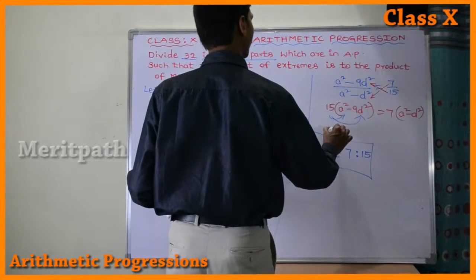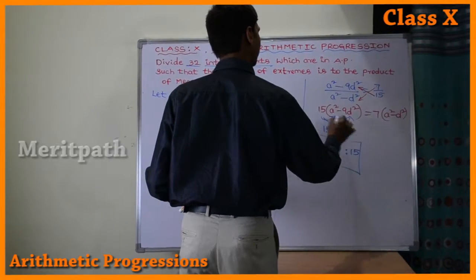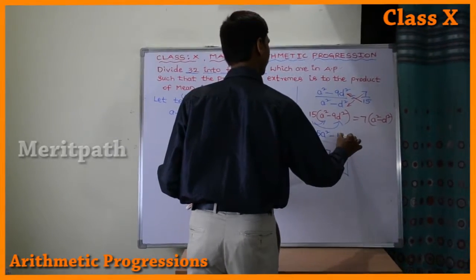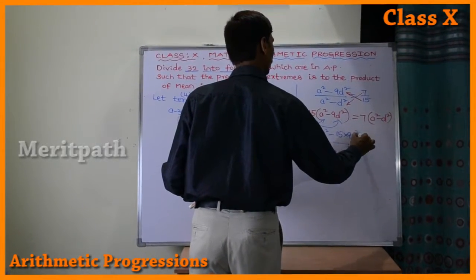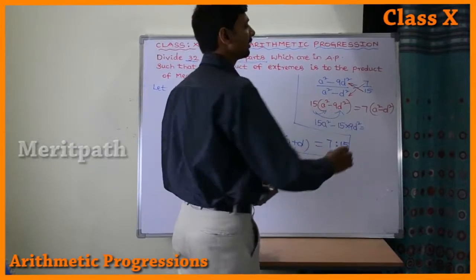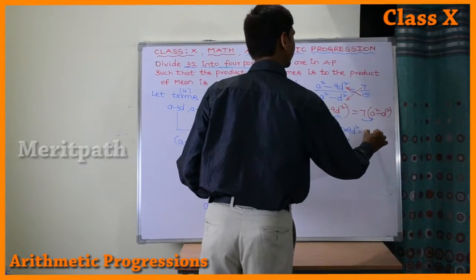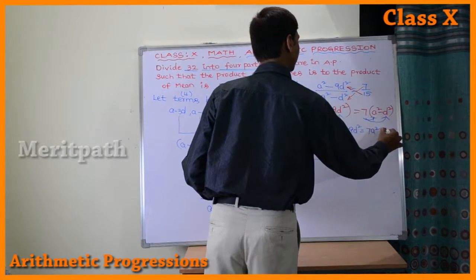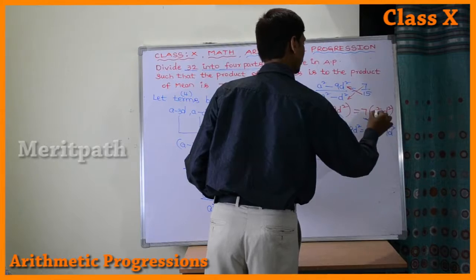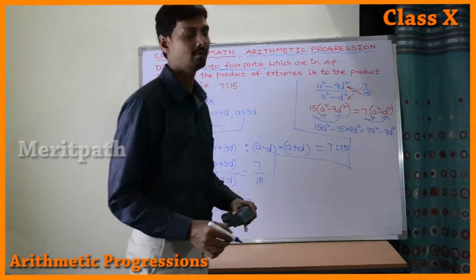So 15 into a square, 15a square, minus 15 into 9d square equals, when we multiply with 7, 7 into a square, 7a square, 7 into d square, 7d square. There is a minus symbol between these two, so minus.